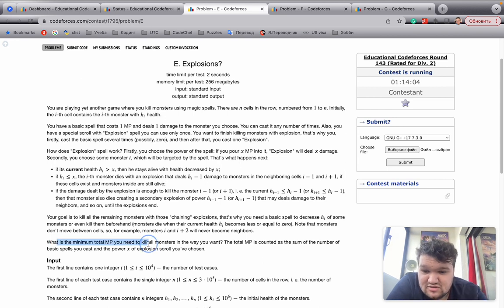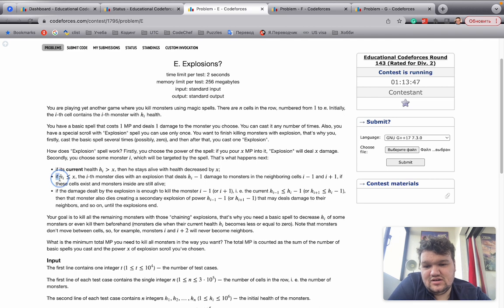The minimum total MP you need to kill all the monsters. So this is just a bad option. The explosion should be the last thing we do. So we do not want to do that.